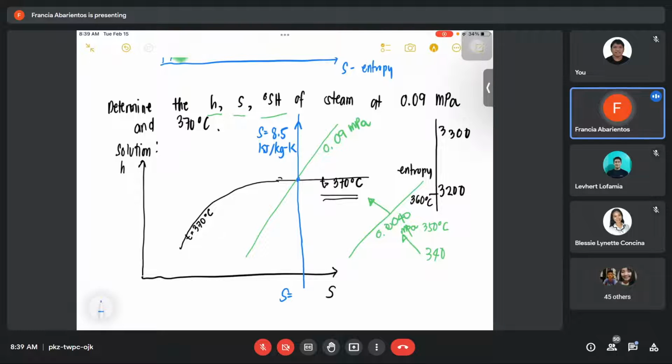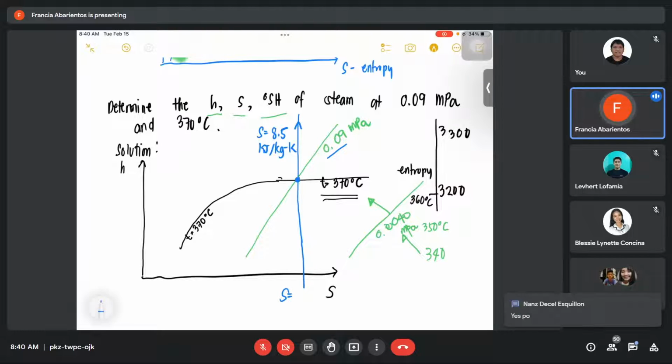Kasi dito, class, nag-intersect yung 370 and 0.09 megapascal natin. So, sa taas, class, makikita nyo yon. Okay? Nahanap nyo ba?